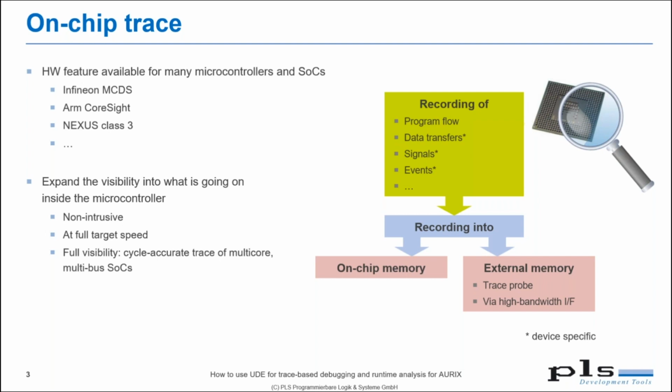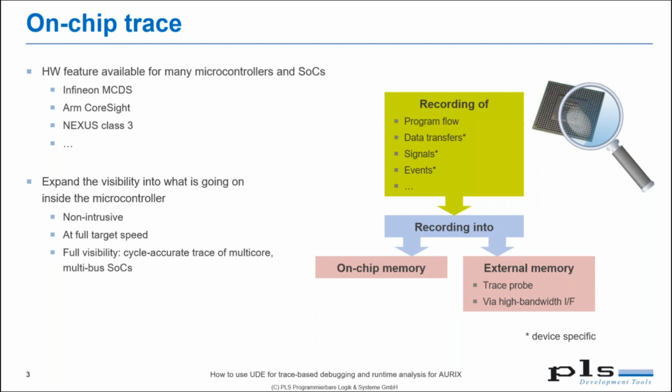While the system is being traced, all the data that are recorded are generating trace messages, and these trace messages are then output as a trace stream to the tool.